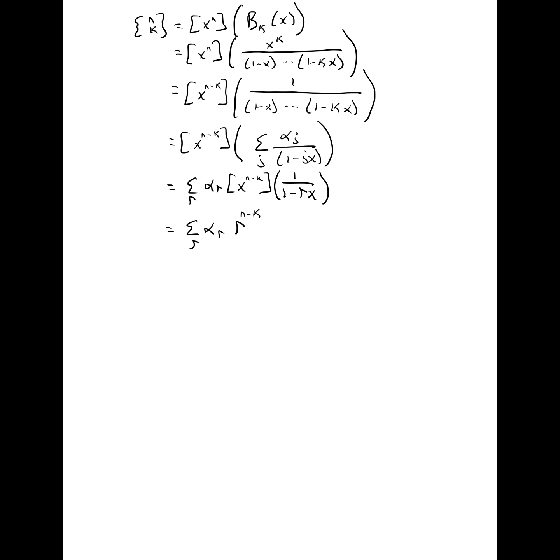So if you don't see that immediately, expand this out as a power series instead of looking at it in this closed form, and then just take the n minus kth coefficient. So the only thing that's not as well defined in the formula we have at the moment is alpha sub r. I mean, we actually know what alpha sub r is, so let's write that out because that'll be helpful.